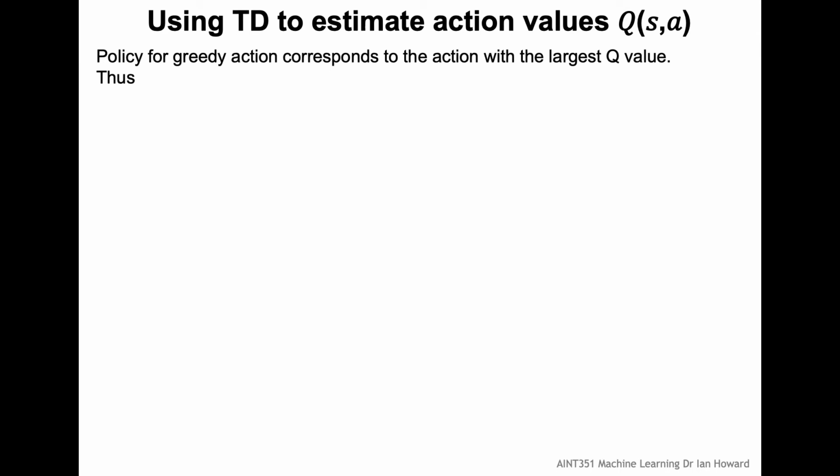When we adopt a greedy policy, what that means is we want to take the action that gives us the largest Q value. So if we've got our Q values, in terms of what the state is and what the next action is going to be, there's going to be a next action which gives us the best, highest possible value.